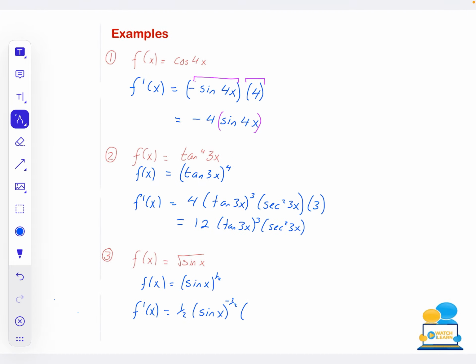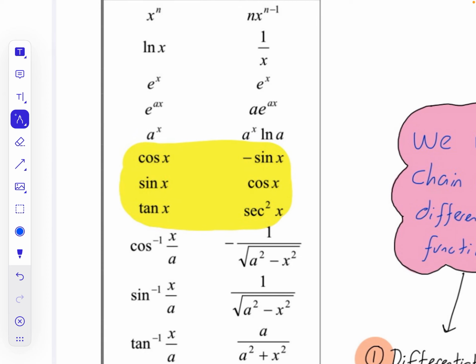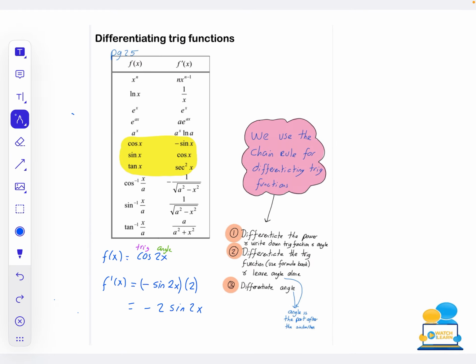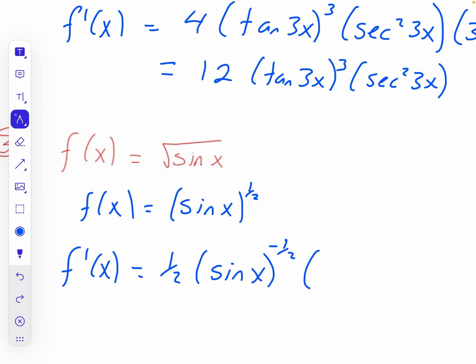Now what we are going to do is differentiate the sine. When you differentiate sine, I will flick back here because I always double check these. No matter how familiar you get with them, it's always important to double check. When you differentiate cos, it becomes minus sine, so that minus sign is really important. But here I'm differentiating sine, and when I differentiate sine, I get cos.